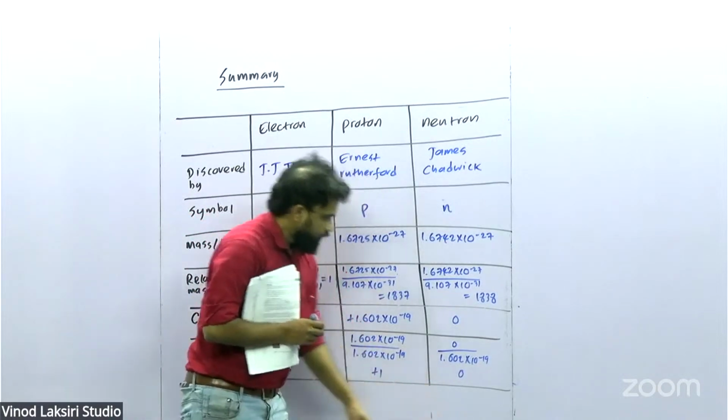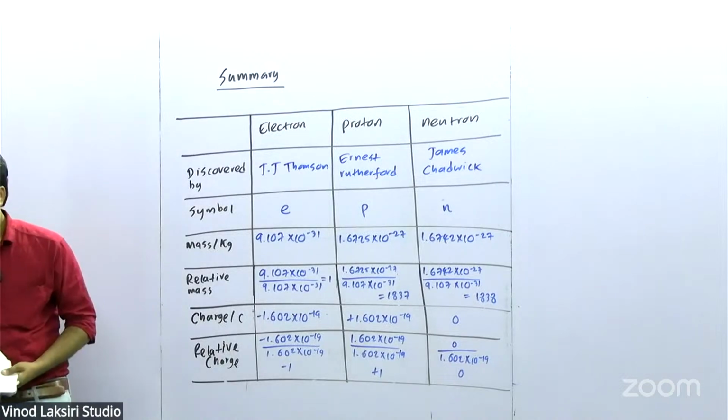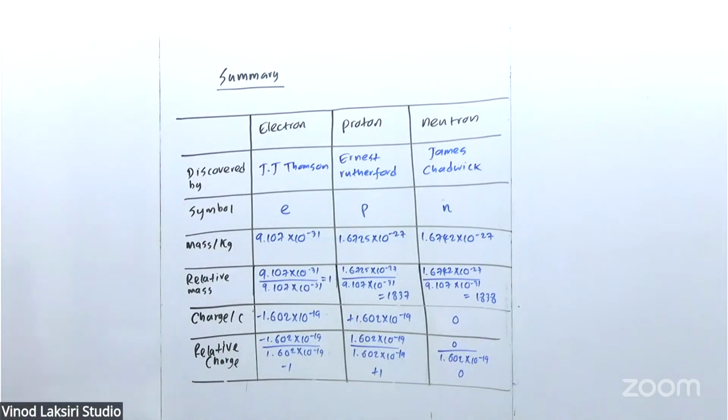Right. Okay, write down this table. Electron discovered by J.J. Thomson.